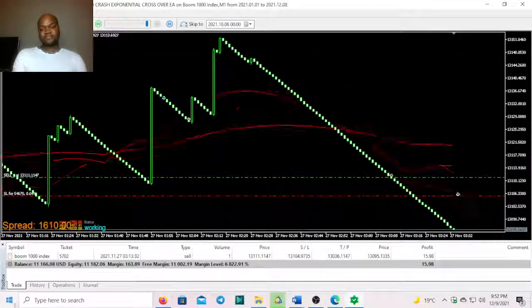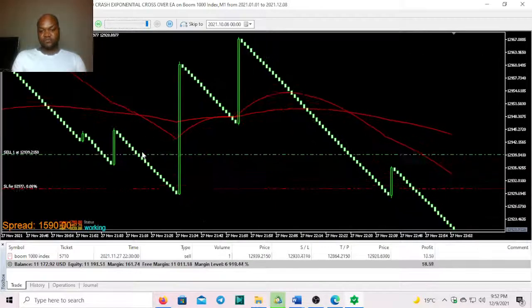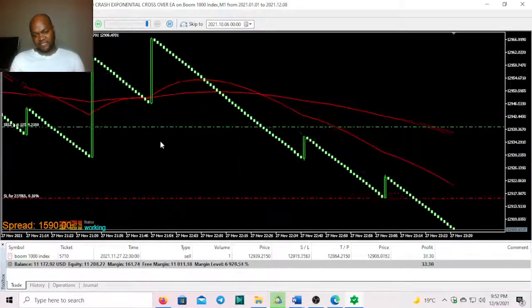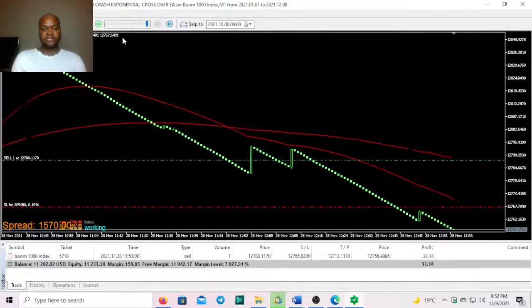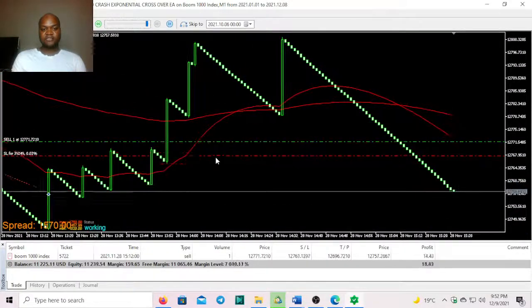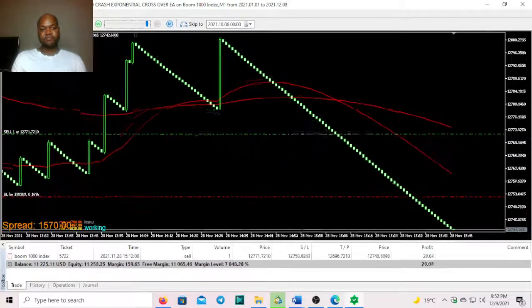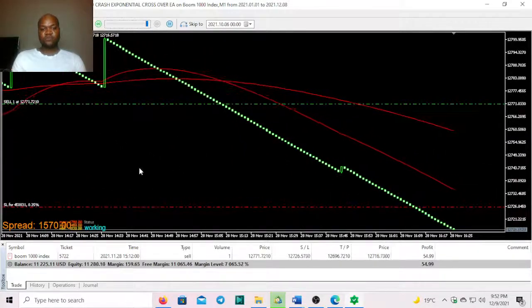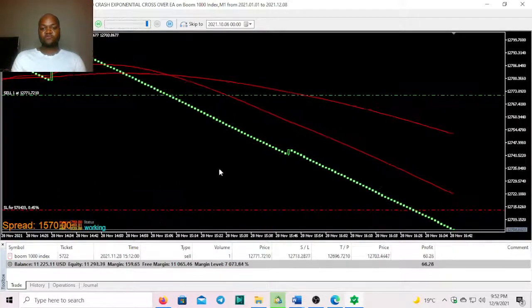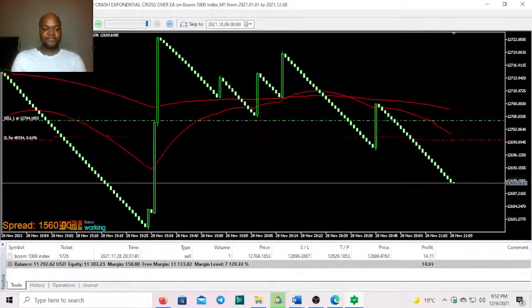But in Crash, hey, that thing is too volatile. It doesn't trend in a certain direction for very long, and sometimes if you have been trading Boom and Crash, you know that spikes that normally take place in Boom 1000 are continuous, a double spike, and those spikes will be very, very big. You make a lot of money.